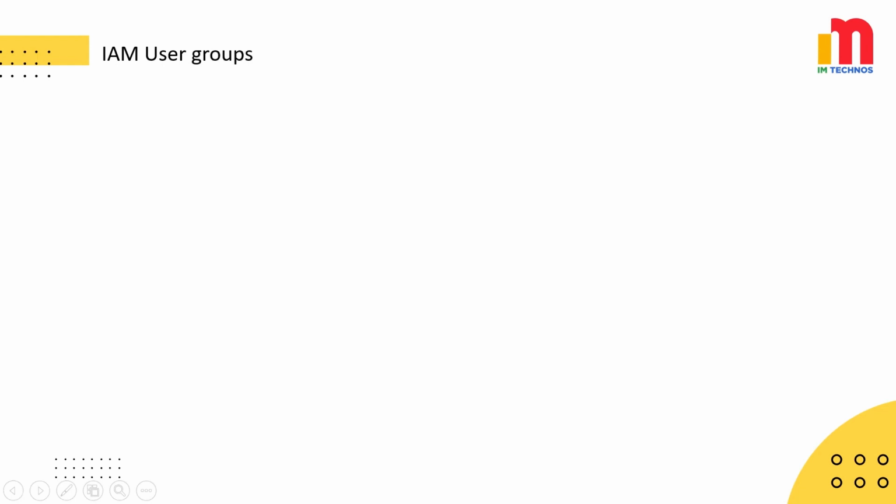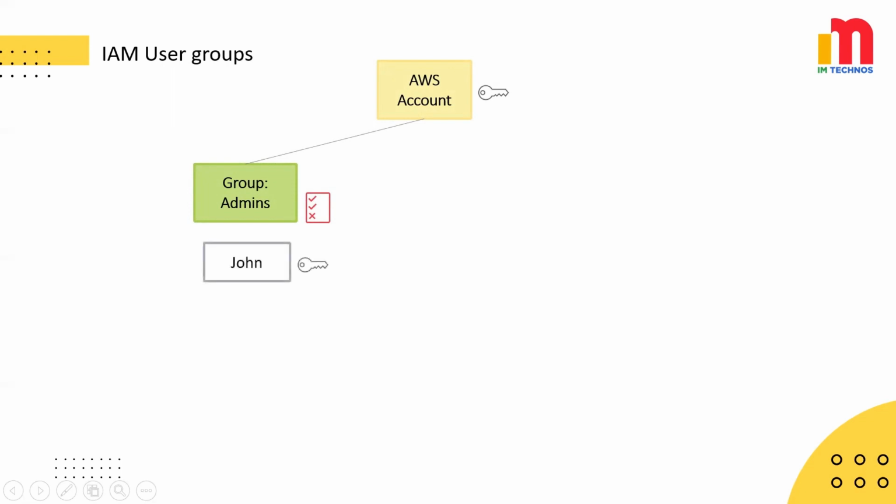Imagine you have a group named admins, where you give them the typical permissions of administrators. Any user within that group automatically inherits the permissions of the admins group. So when a new user joins your team and needs admin rights, just put them in the admins group.